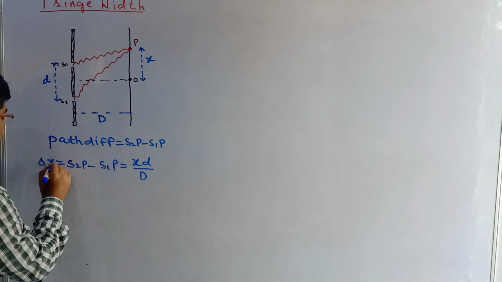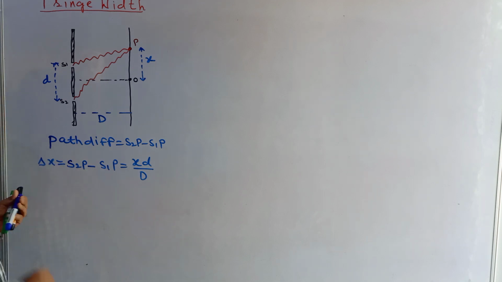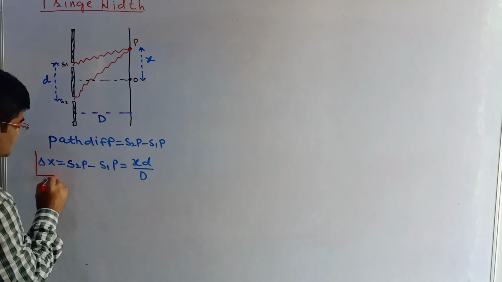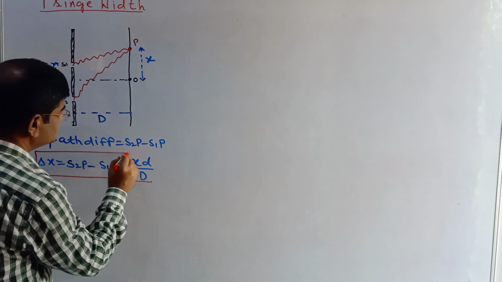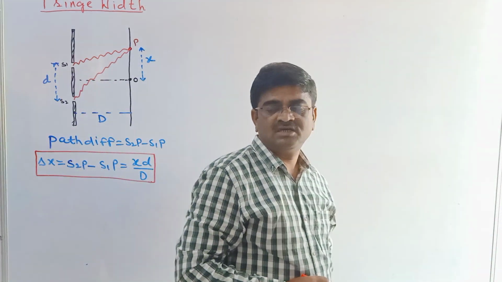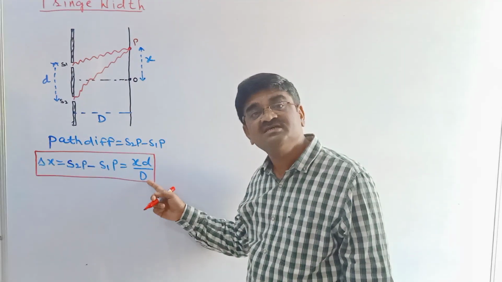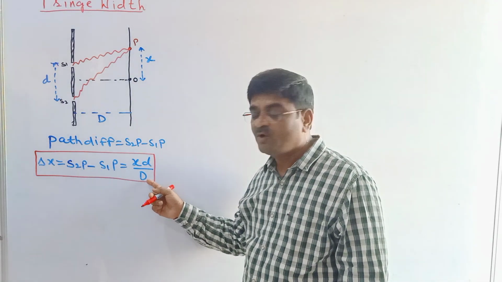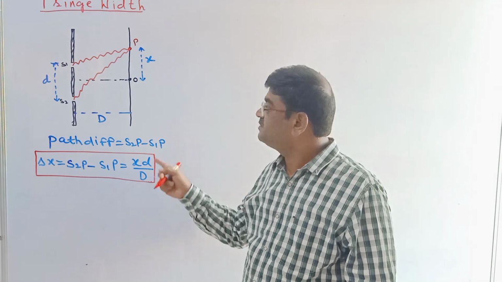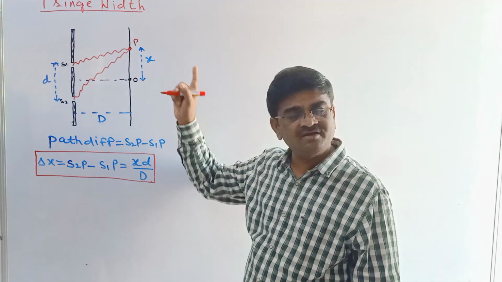Important one. For the competitive examination, I will have to refer to this while solving some questions. The path difference between two superposing waves is given by this expression. It is the value of this path difference which will decide whether P is going to be bright or dark.